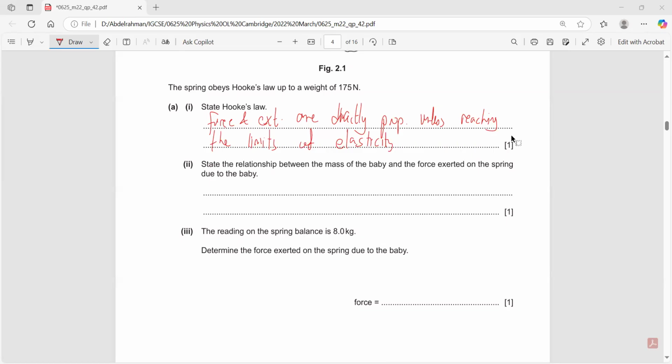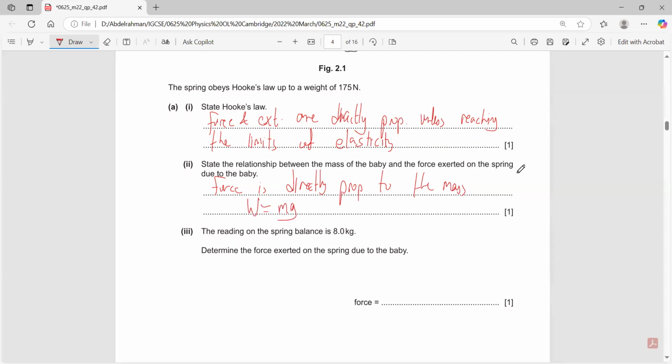So it is directly proportional to the mass, due to the equation weight equals mg.